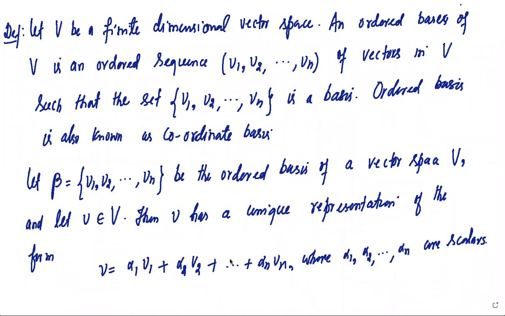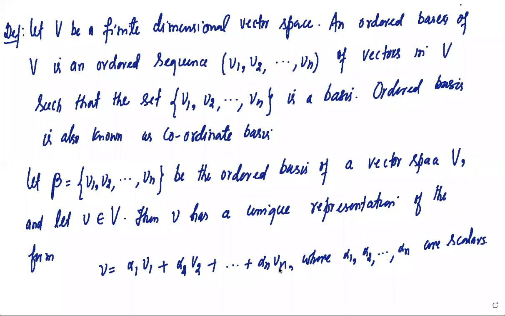So now these coefficients will be arranged in some particular order, and that order depends on the order of the vectors in this basis. So if v1 is the first vector in the basis, then alpha 1 is the first coordinate because we have the coordinate basis. v2 is the second vector in the basis, alpha 2 is the second coordinate.